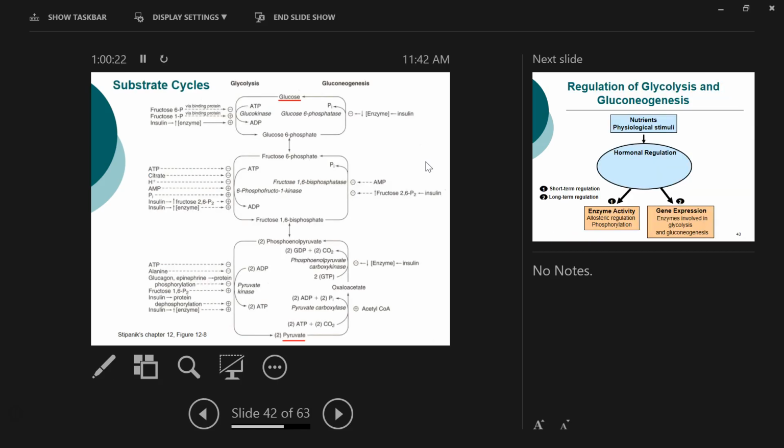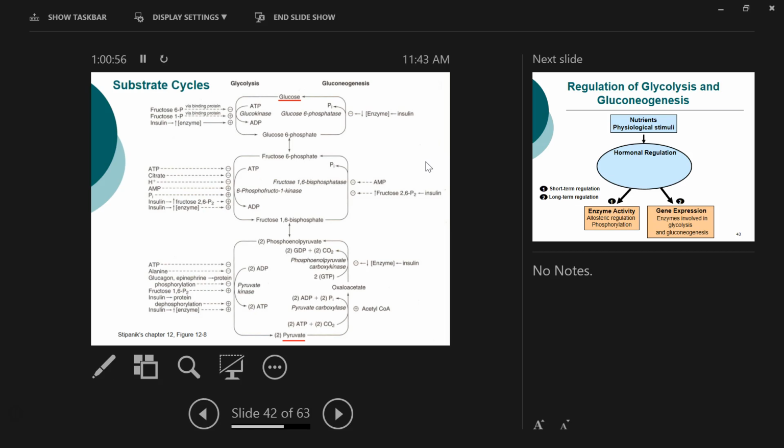And this slide is an overview of how substrates regulate these 3 key enzymes in the glycolytic pathway and the 4 key enzymes in the gluconeogenic pathway. On the left side is the glycolysis pathway, and on the right side the gluconeogenic pathway, with the 4 key reaction enzymes, right?